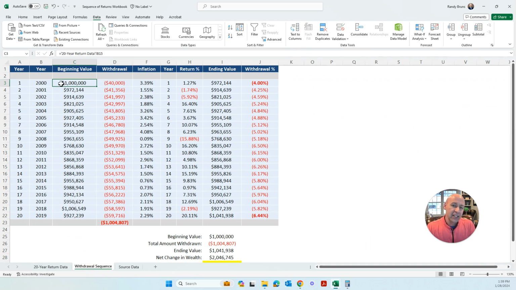So here you can see that if you retired January 1st of the year 2000 and you had $1 million, and let's just say you're following the popular 4% rule. And for anyone wondering, the 4% rule is a guideline, a rule of thumb that suggests that you can take your at-retirement portfolio value, multiply it times 4%.